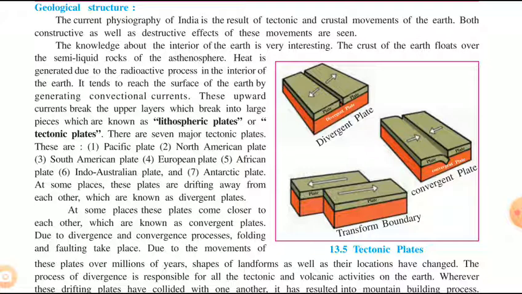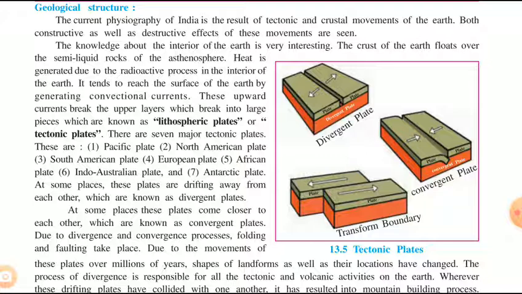The present situation of India, or the physiography of India, what it is today, is based on the tectonic and the crustal movements that took place thousands of years ago.